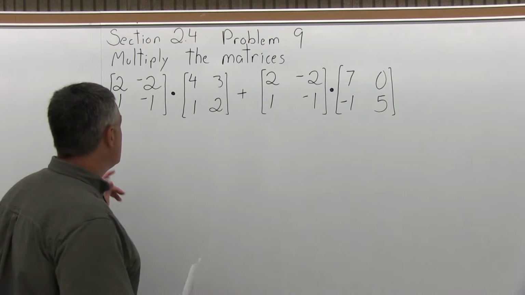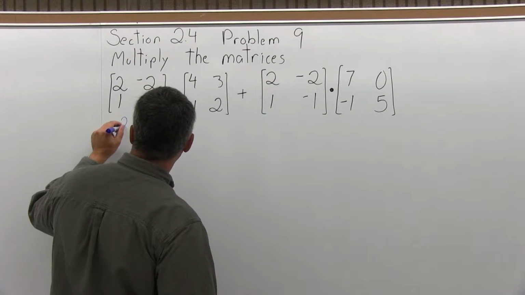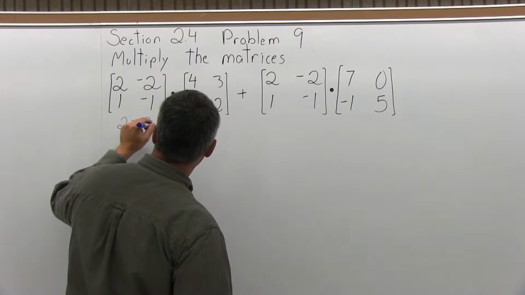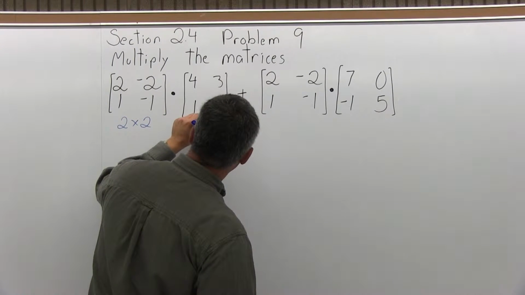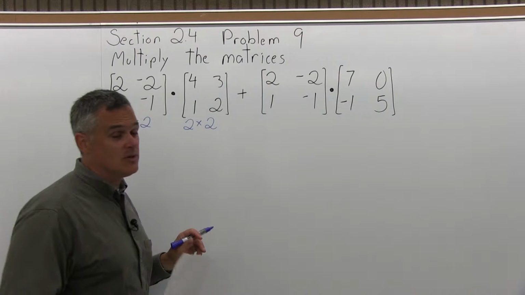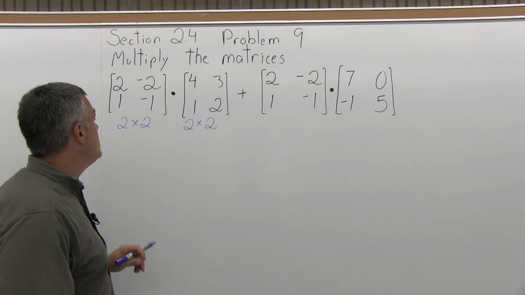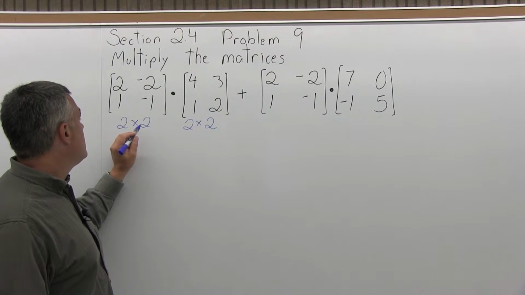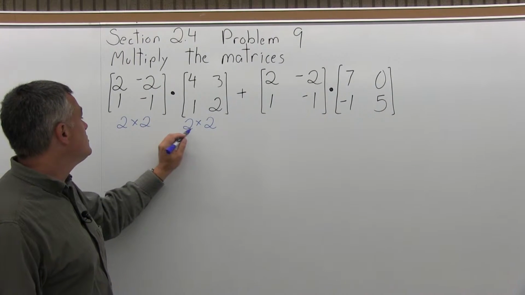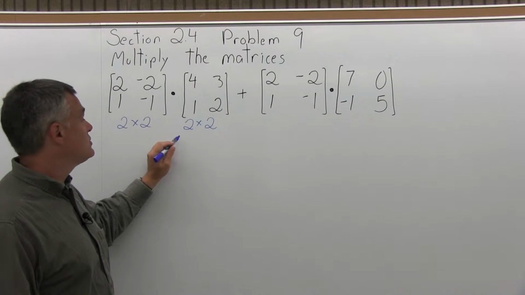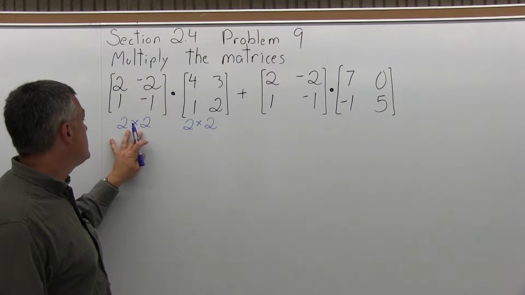So first, as usual, you want to verify that there is a solution to that. To do that, you want to see if the number of columns in the first matrix is equal to the number of rows in the second matrix. And the way we usually do that is we write the dimensions under each matrix and see if the inner numbers match. So when we write the dimensions under the first matrix, the dimensions are 2 by 2.